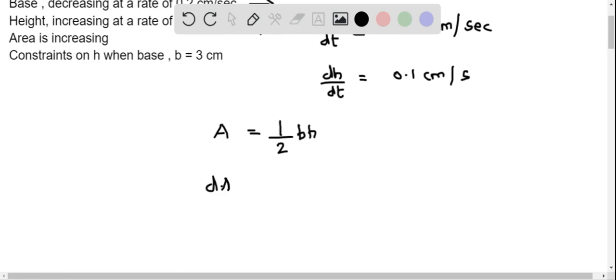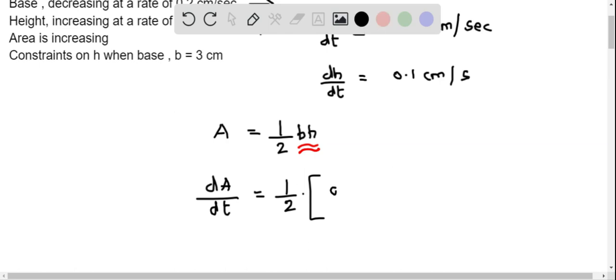So we get dA over dt, and this is equal to half of, here we have to use the constant multiple rule. 1 by 2 is a constant, so we keep that as it is, and then we apply the product rule to find the derivative of BH, because both are varying.